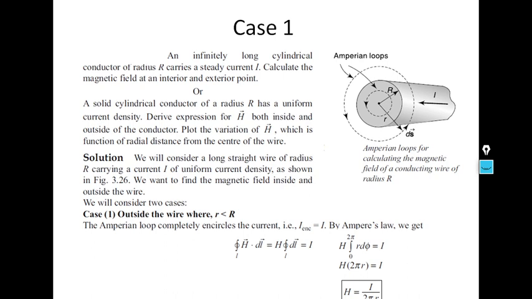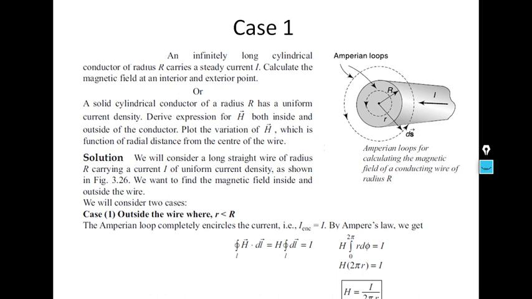First condition: we can apply an Amperian loop to find the field outside this conductor. What we have to take is the current enclosed by the Amperian loop. Now if I take this Amperian loop, then I can say that the closed line integral of H dot dl is equal to I enclosed.